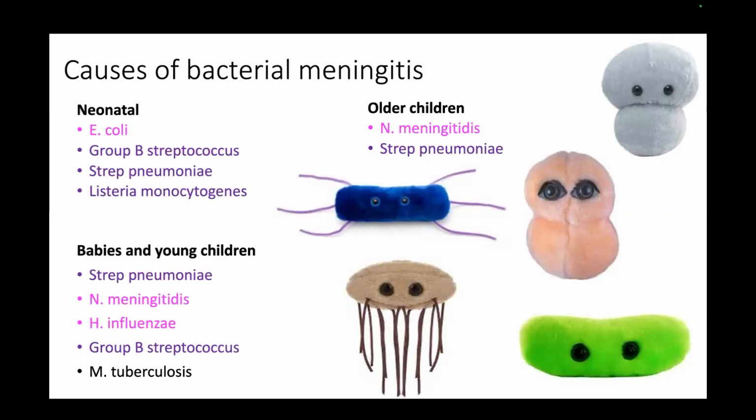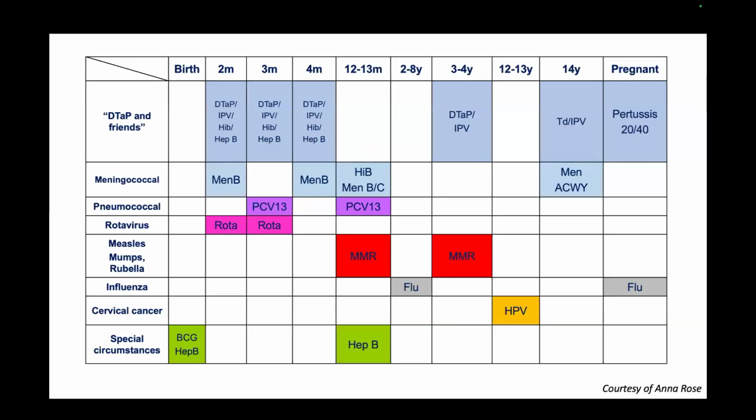And then in older children, we'd have meningococcal and strep pneumoniae. I've just put up the UK vaccination schedule, which outlines, when we're thinking about vaccines and meningitis, that we're quite lucky that we've managed to really reduce the incidence of meningococcal disease and Hib meningitis with a vaccination program.